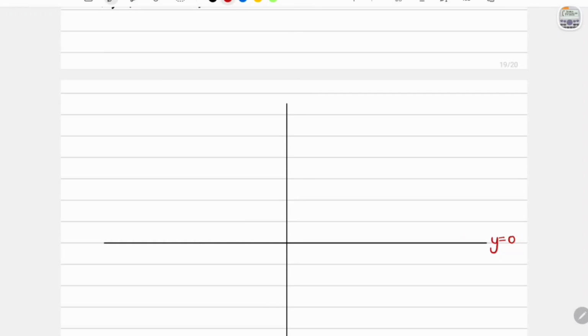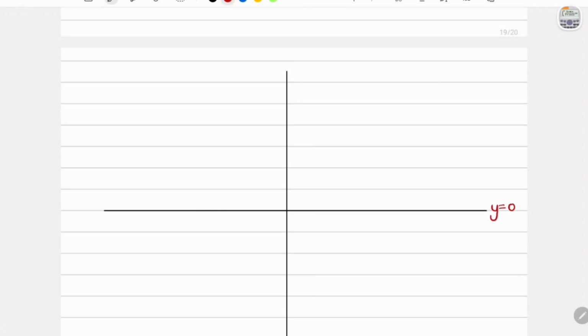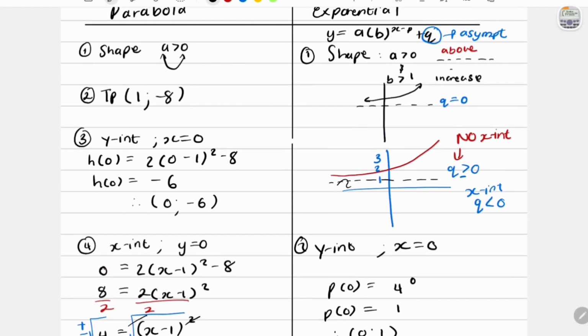Horizontal lines start with y is equal to because they cut through the y-axis. So putting this here would let them know you know what the equation of that asymptote is.